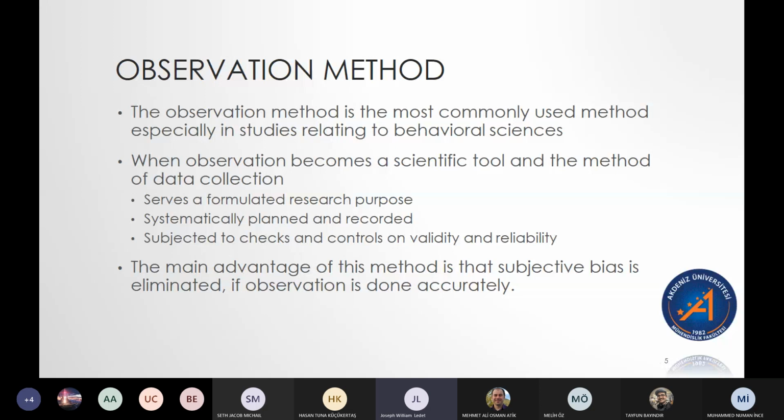The advantage of an observation method, when it is a scientific approach, when we systematically set up how we're going to observe things, is that we can remove the bias, right? If it's done well.